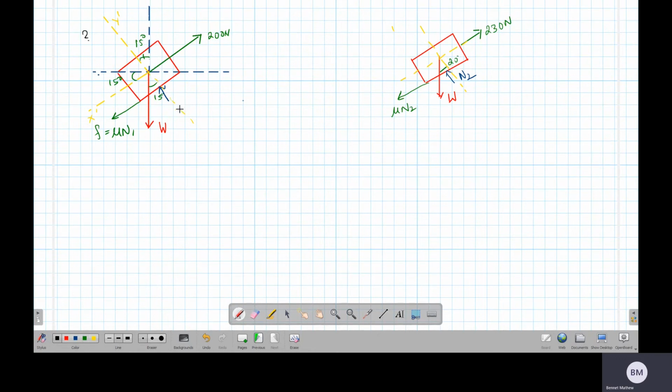This force I can split into two components. The first component is in this direction, so this will be equal to W cos 15 degree. So this I can drop off.